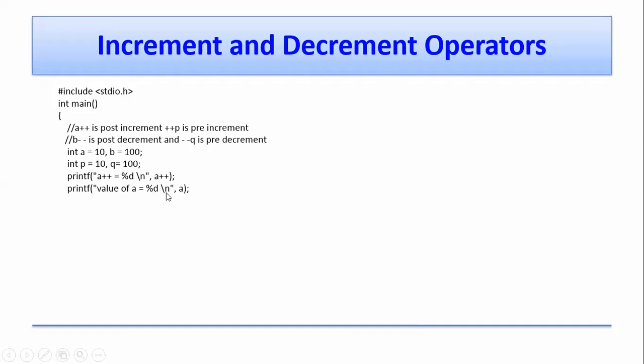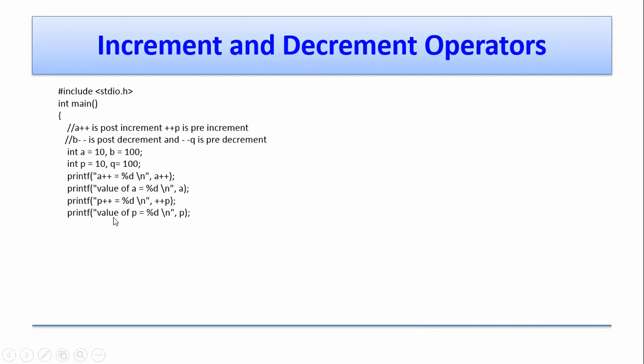So in here I print the value of A. In here, what is the increment? Sorry, pre-increment, because it is before the variable. Okay, now can you tell me the output of this statement and this one?